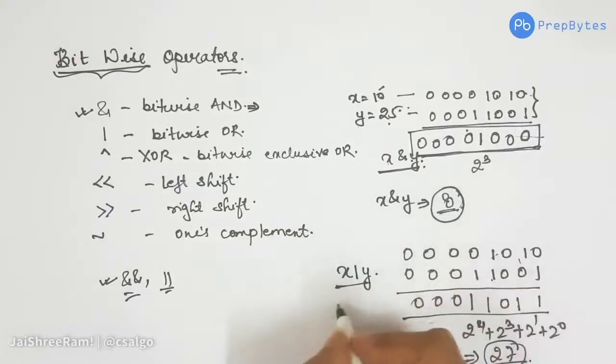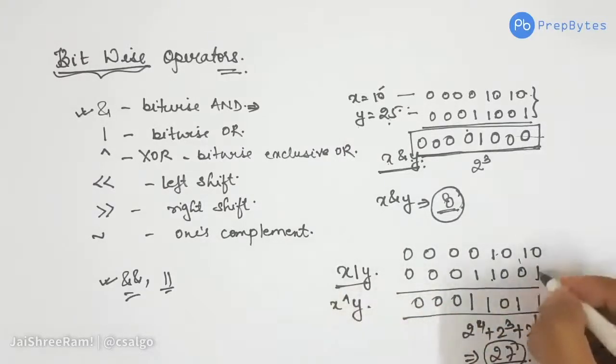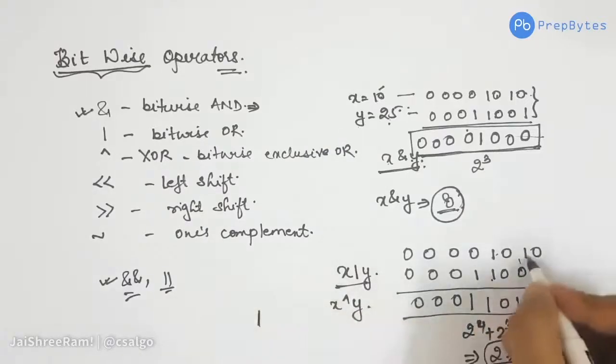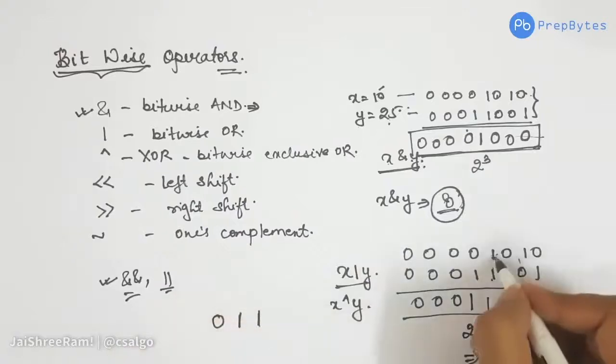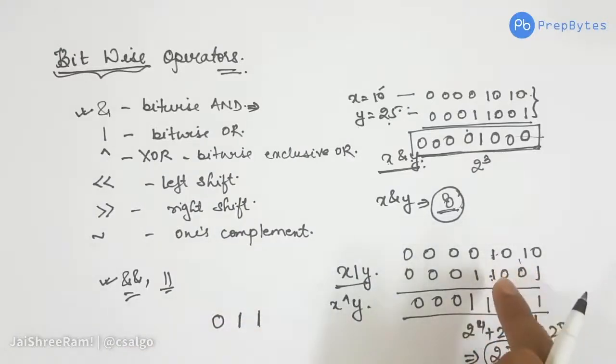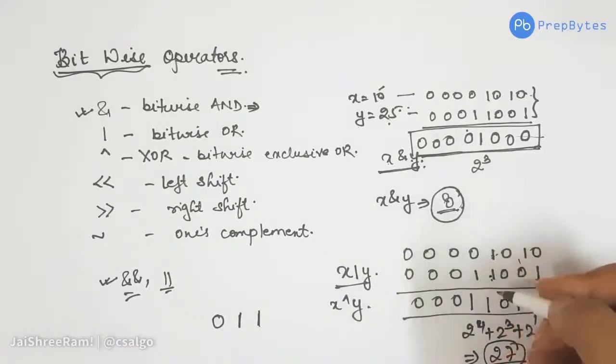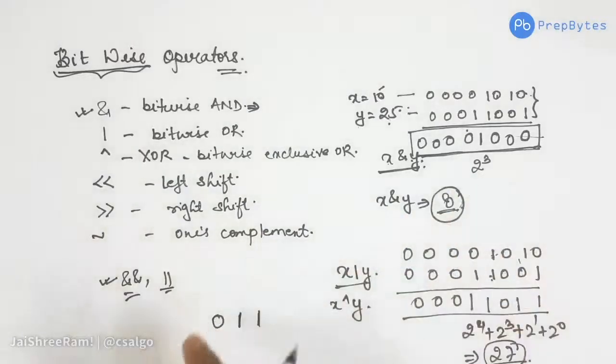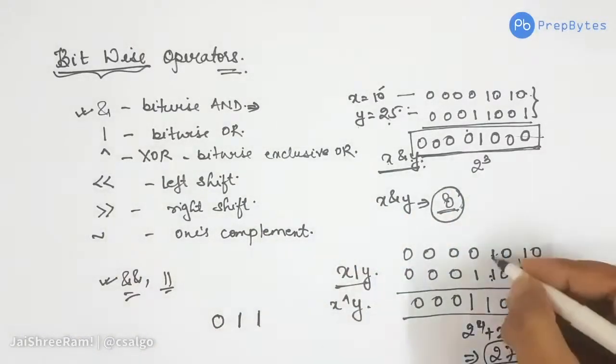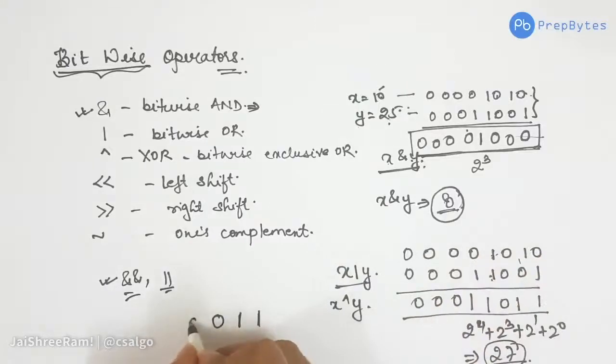Let's try to get X XOR Y. Here 0 1 gives me 1, 1 0 gives me 1, 0 0 gives me 0, and 1 1, which gave 1 in the case of bitwise OR, gives me 0 in the case of XOR, or bitwise exclusive OR. So I get 0, then 1, and the rest is 0.